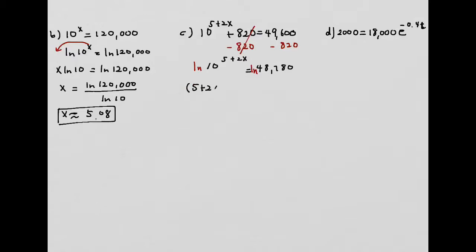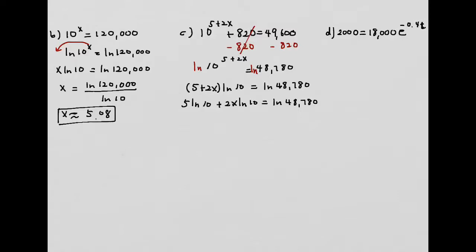If I take the natural logarithm of both sides, then I can bring my exponents down. If you have more than one term in the exponent, you need to make sure you use parentheses. And then you need to open the parentheses, because your x is inside of the parentheses. So when you distribute ln 10, you have 2x times ln 10 equals ln 48,780.